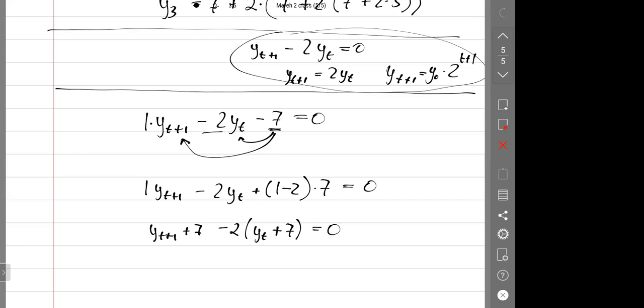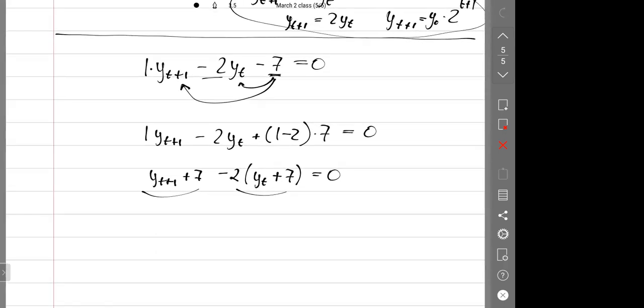And that's enough for me to solve this example at middle school level. I can work with a second sequence z_t, that is y_t plus 7. The equation for z_t is z_{t+1} minus 2 z_t is 0.